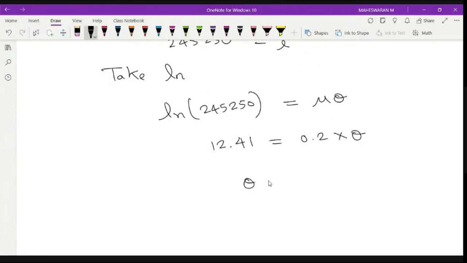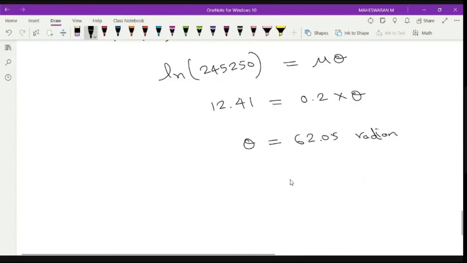So I'll identify what is my theta. Theta will be 12.41 divided by 0.2. So we're getting 62.05 radians. In that case, theta will be equal to 62.05 into 180 divided by pi.